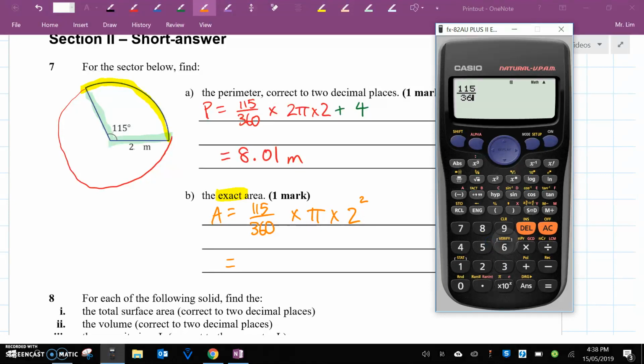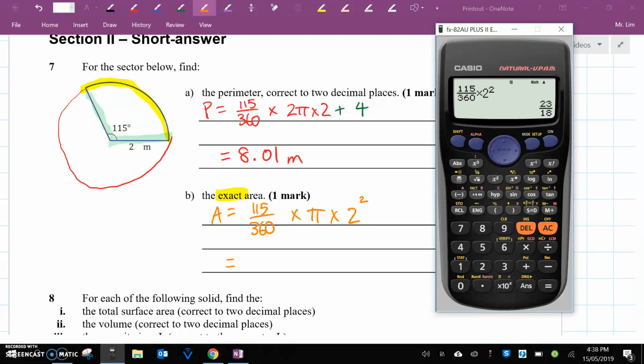115 over 360 times pi times r squared, 4.01. Now, I made a mistake here. Because it says exact, I do not put pi into the calculator. So instead, I'm just going to do 115 over 360 times r squared, which is 1.28, or 23 over 18.